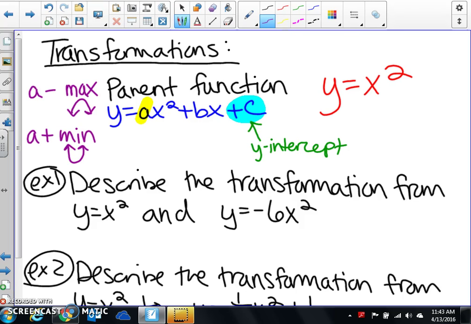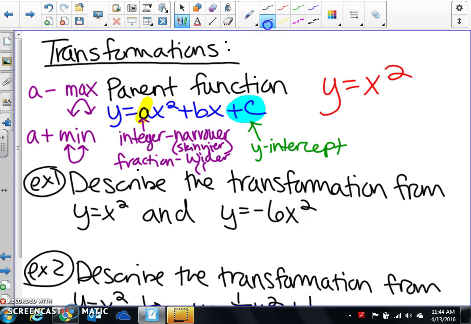However, in terms of a, if it's just an integer, not a fraction, it's going to become narrower, AKA skinnier. If it's a fraction, and we're just talking about the a right now, it's going to become wider, AKA fatter.